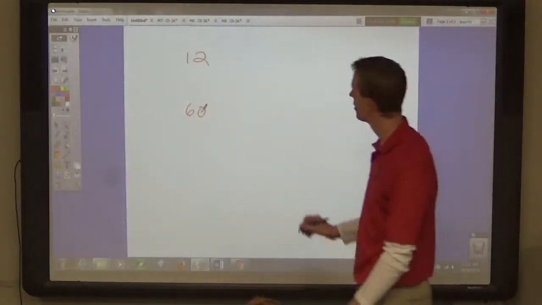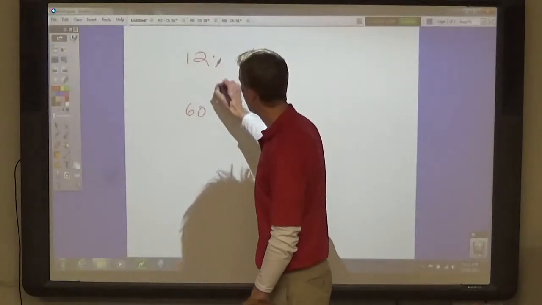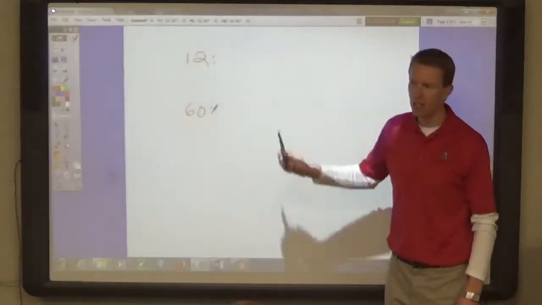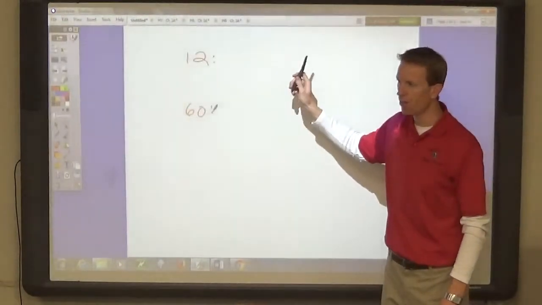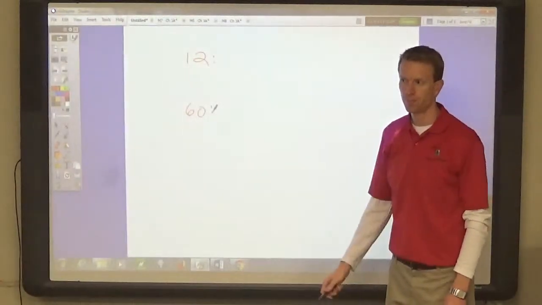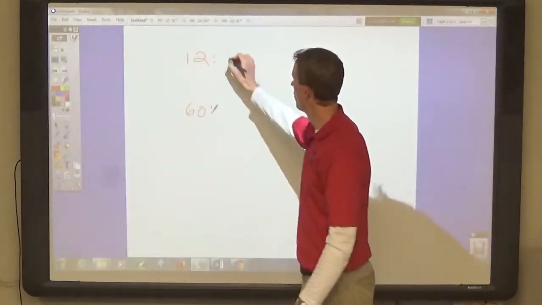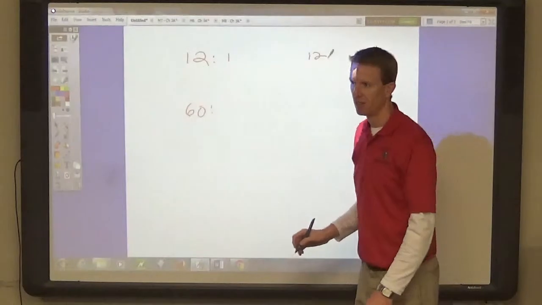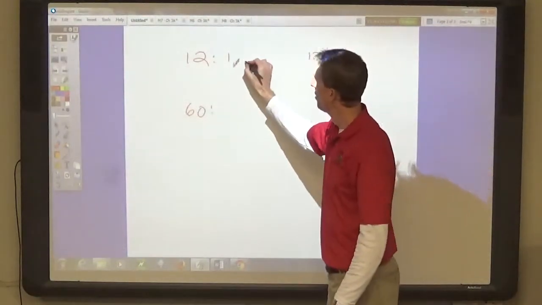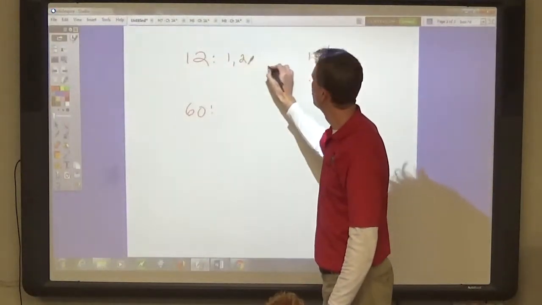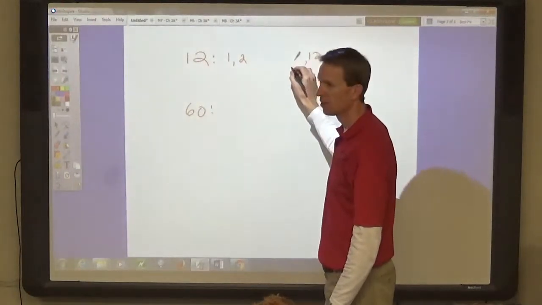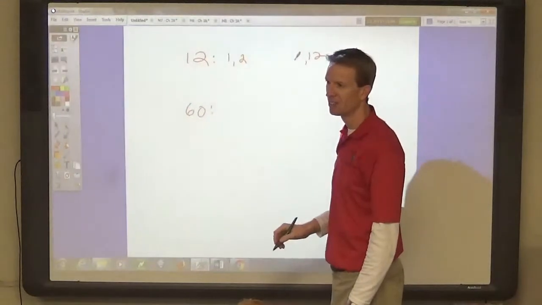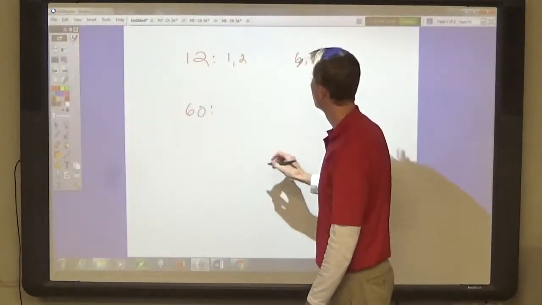Remember when we talked about this? We want to make sure that we get all the factors. So what numbers can you use to multiply and make 12? To make 12 first. Jared? 1 times 12. 2 times what makes 12? 2 times 6.